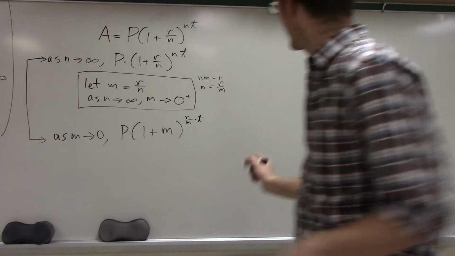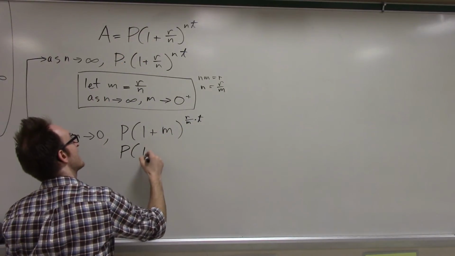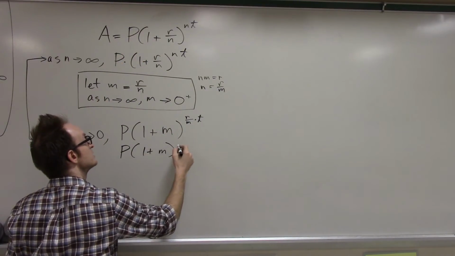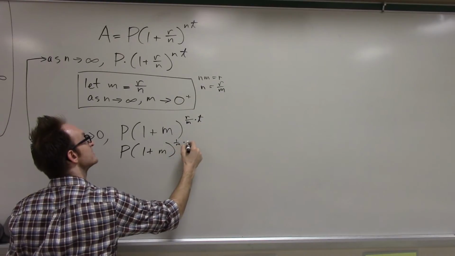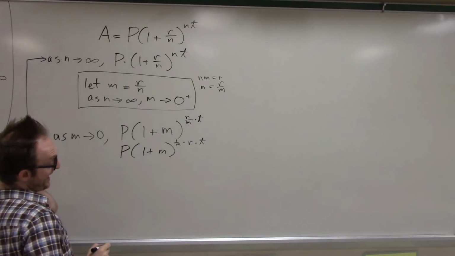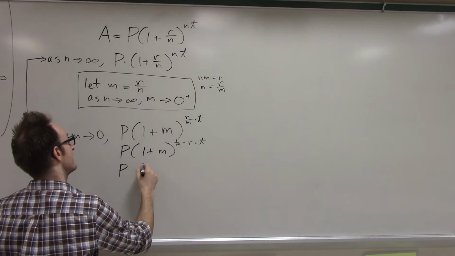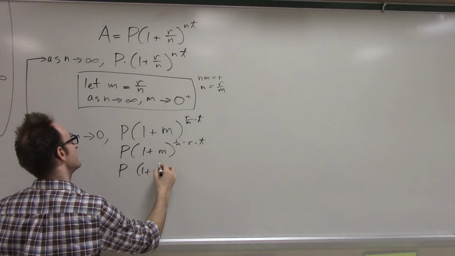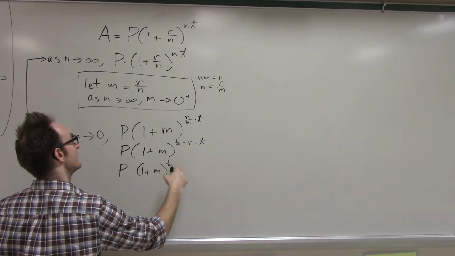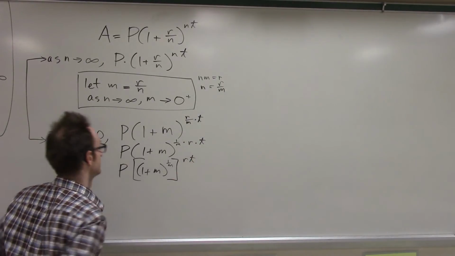Now I can write this a little bit differently as P times 1 plus m to the 1 over m times r times t. And then by exponent rules, this is really just P times 1 plus m to the 1 over m, that whole thing to the rt.